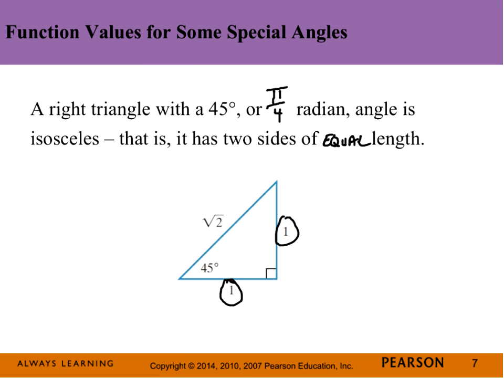And I want to go ahead and do the trigonometric functions for this 45. Well, we know that this other angle is 45 as well, and then the right angle is 90. So we call this a 45, 45, 90 triangle. So let's go ahead and knock these out.